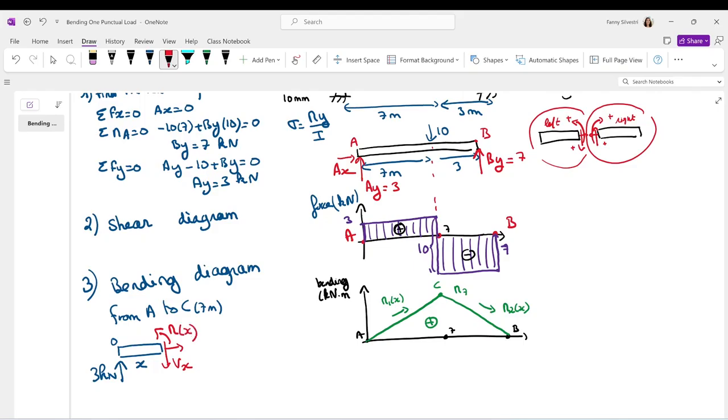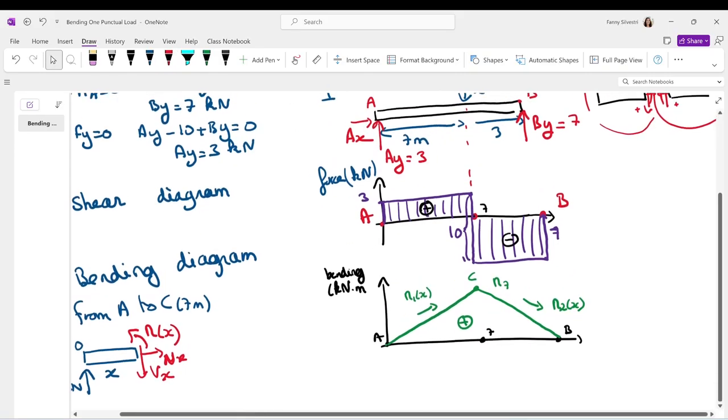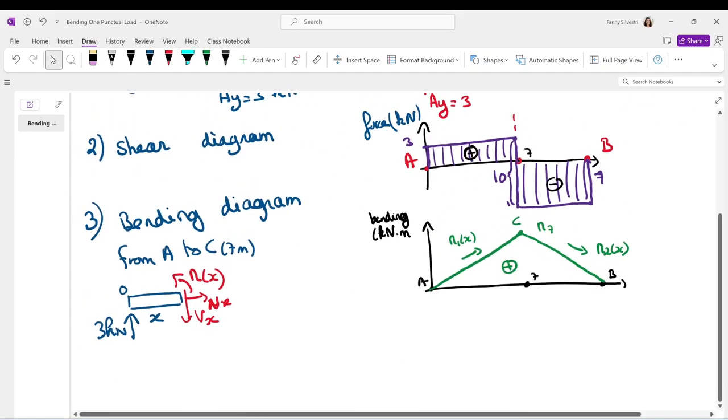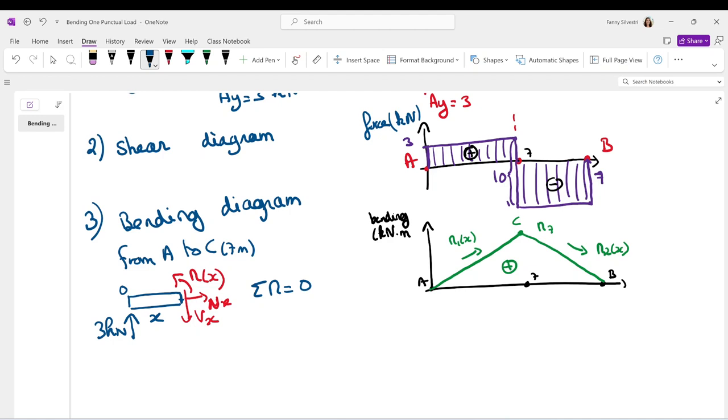Vx, we already know that will be the 3 kilonewton, that's positive. The Nx will be 0. There is no normal force. And to find the moment about x, we do an equation of equilibrium. So sum of the moments equals 0. Which moment do we have? And I will use the point at x.